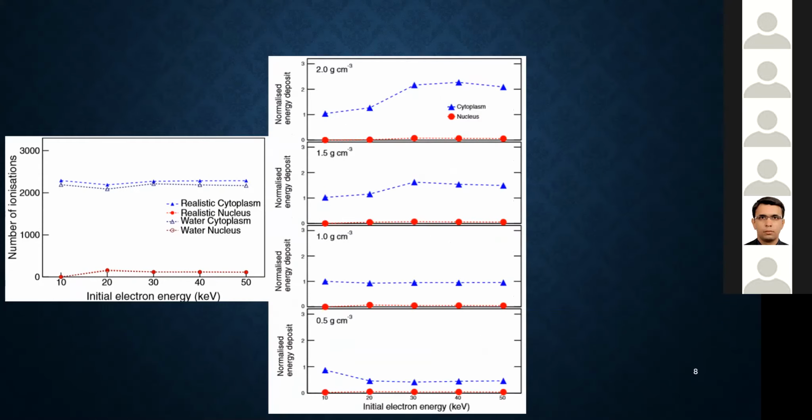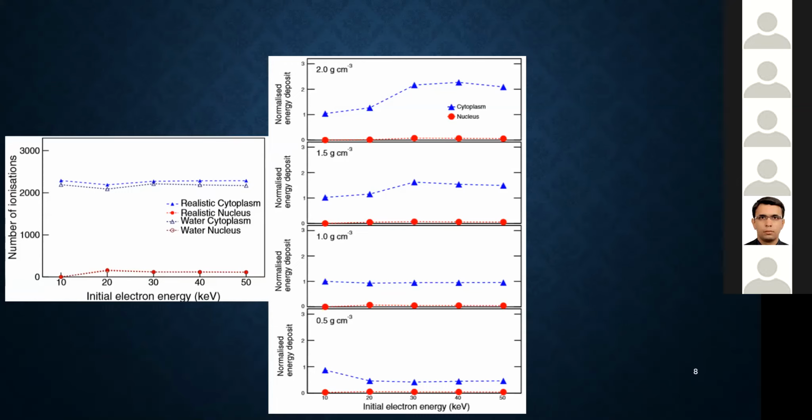So for the next one, when we want to evaluate how it affects the density, this one considers realistic cytoplasm and nucleus. And here we will vary the density of the cytoplasm.